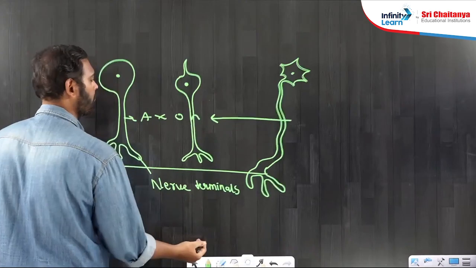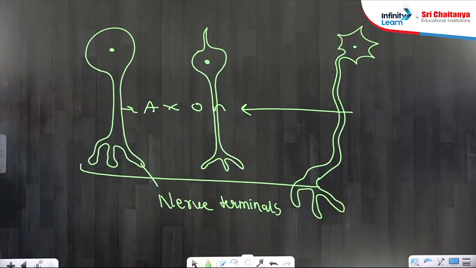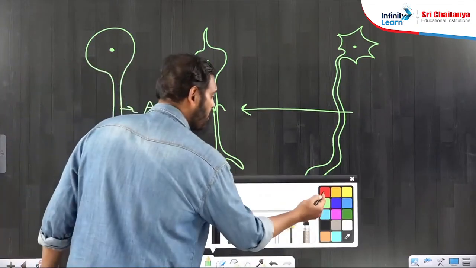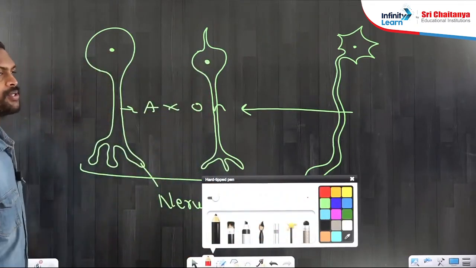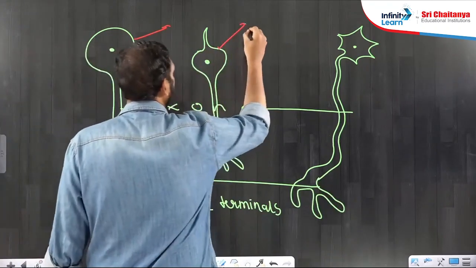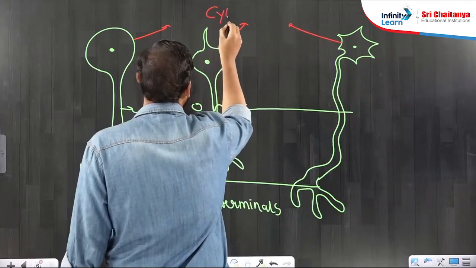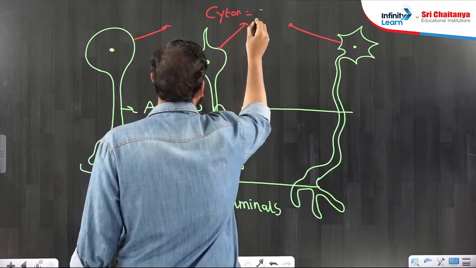Nerve terminals. And the place where there is a nucleus, this part, it was referred to as cyton or cell body.